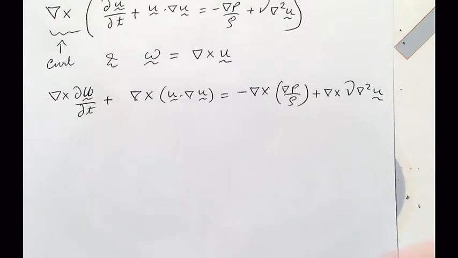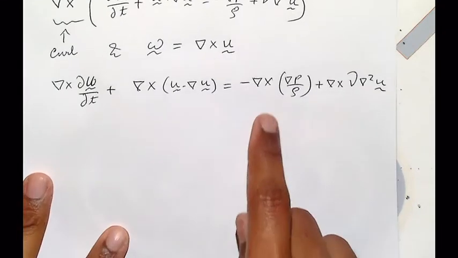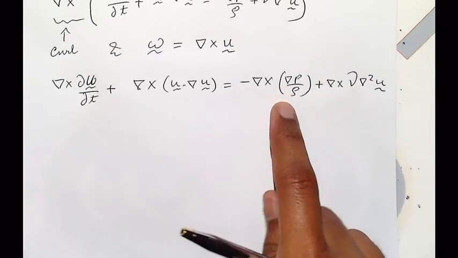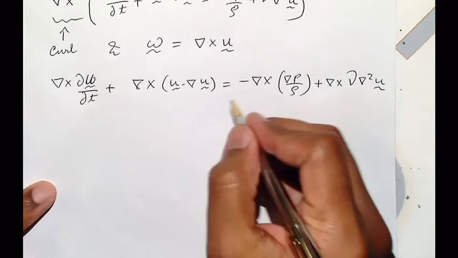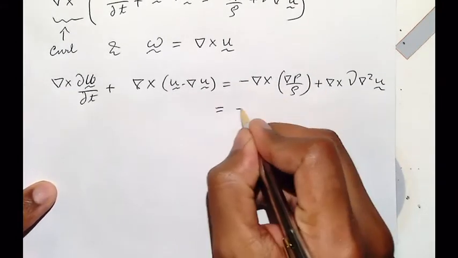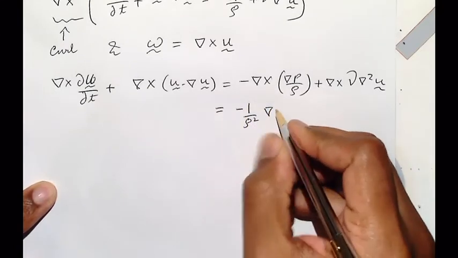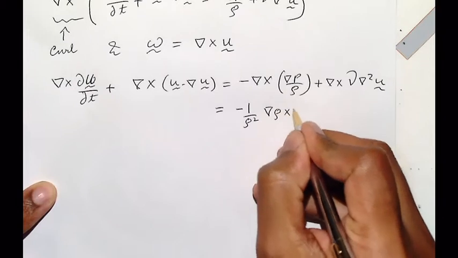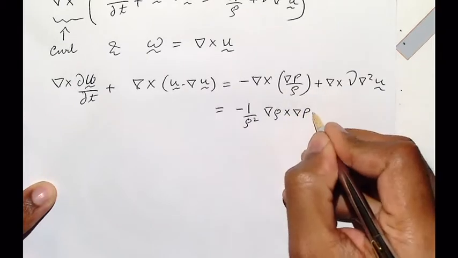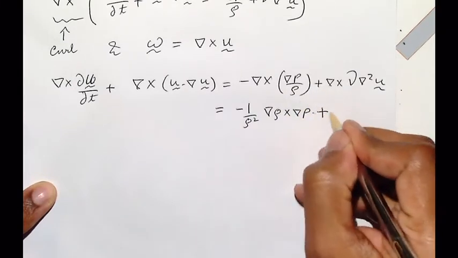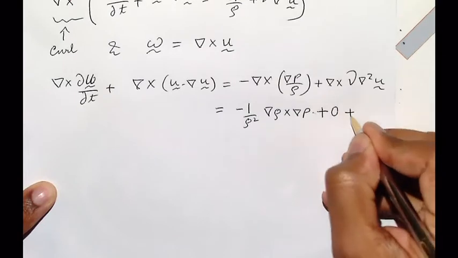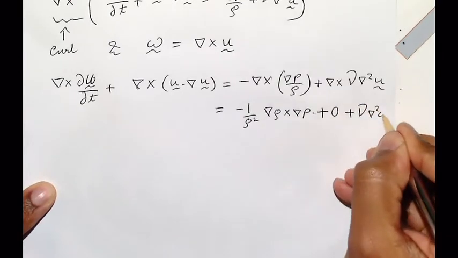One blob might have a different density compared to another blob. It's still incompressible. In that case, this term expands out to minus 1 over rho squared nabla rho cross nabla p, and a 0, and a nu nabla squared omega.